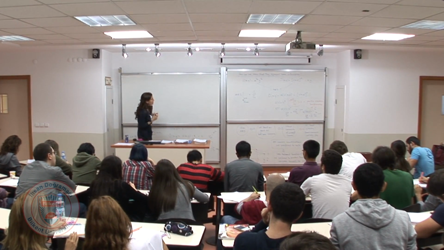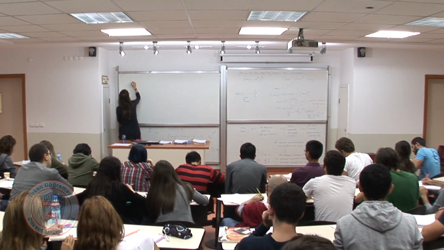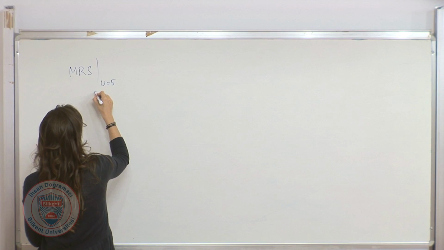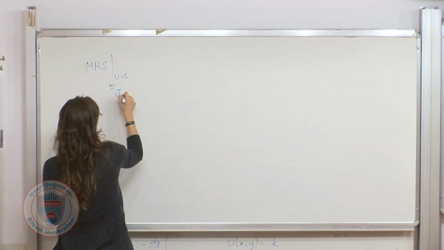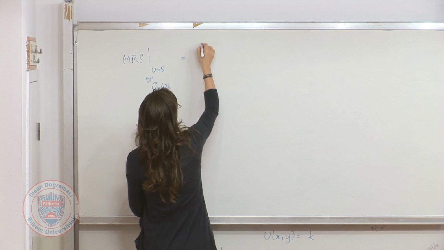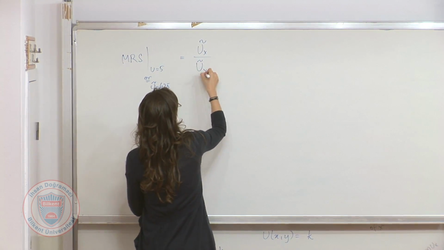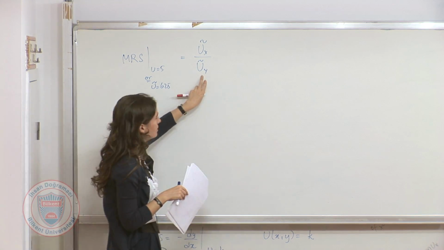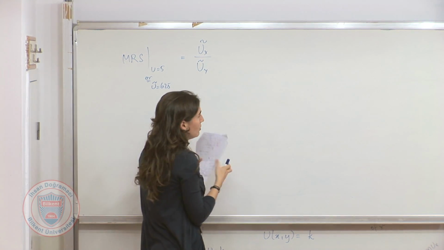We said that u is equal to u tilde. So this is equal to u of x tilde, u tilde x and u tilde y, right? So what is this? You guys tell me.